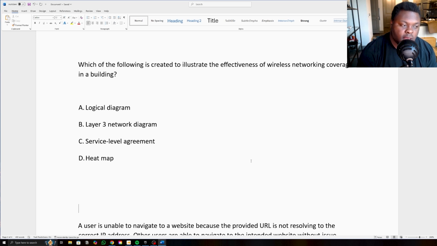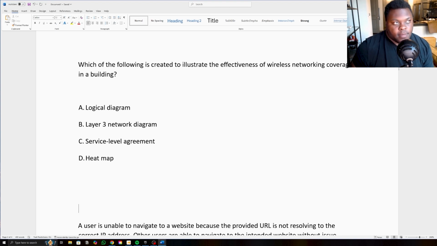This shows the connections and relationships between the pieces of equipment on the network. Answer choice B is a layer 3 network diagram. This just focuses on the IP addresses that are on the network, pretty much. Answer choice C is a service level agreement, or an SLA. This is a contract between a provider and a customer.